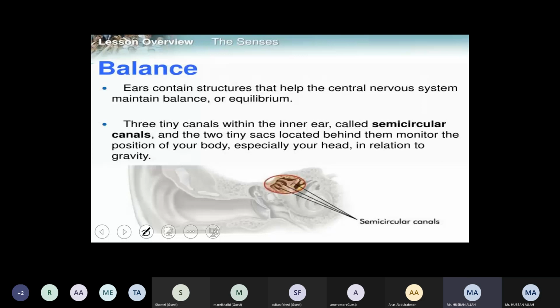The two tiny sacs located behind them monitor the position of your body, especially your head, in relation to gravity.